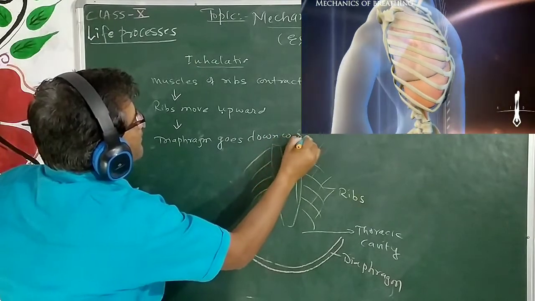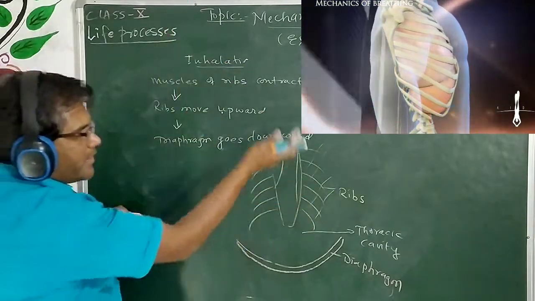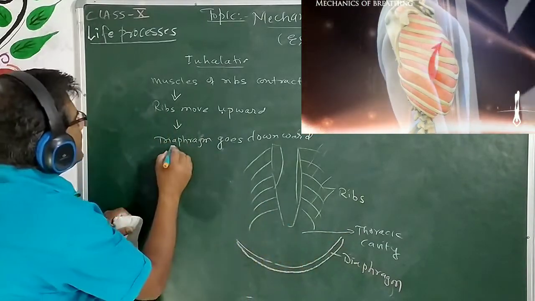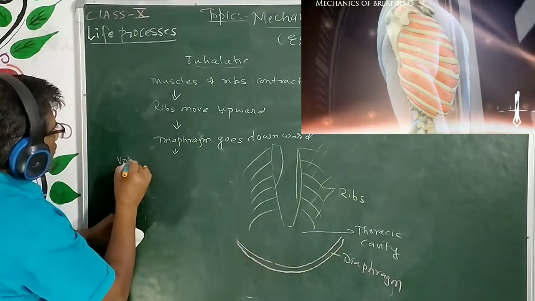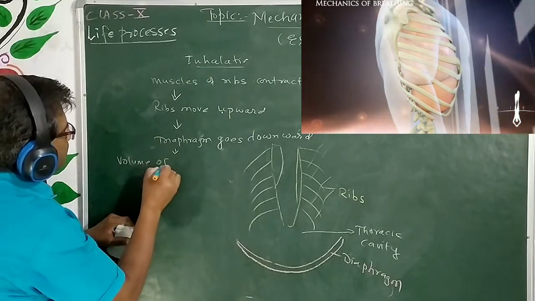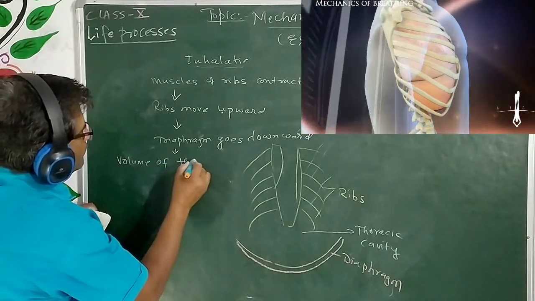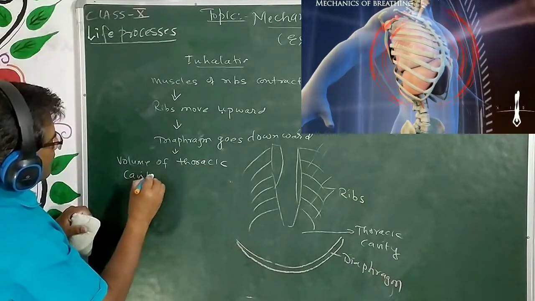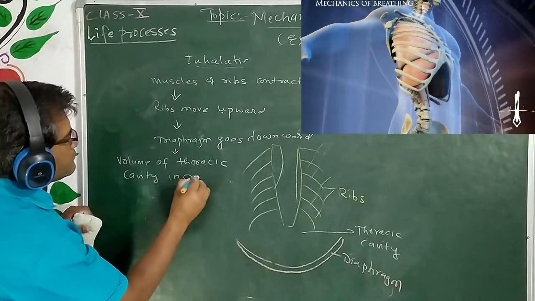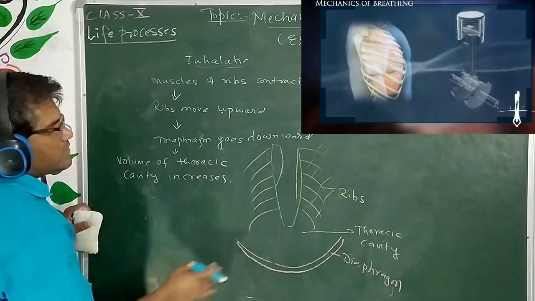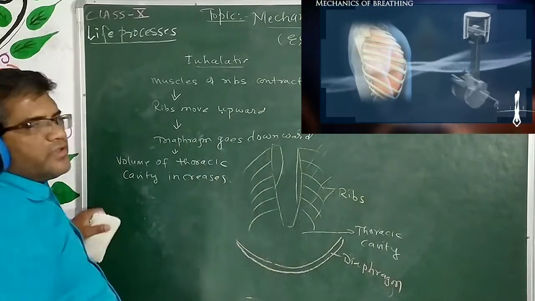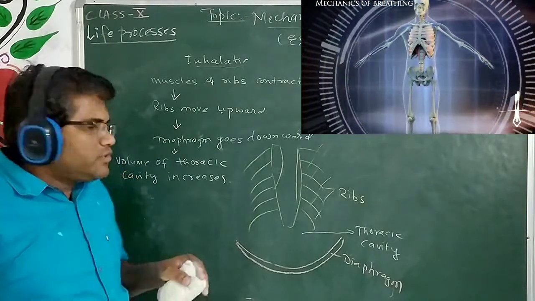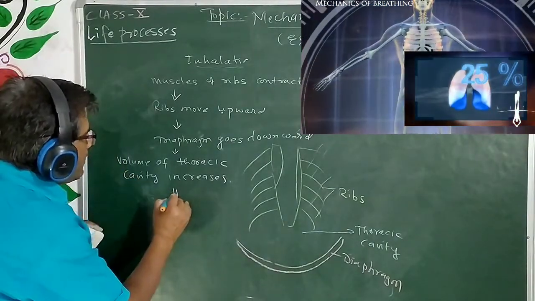When the ribs go upward and the diaphragm goes downward, the volume of the thoracic cavity increases. When the volume of the thoracic cavity increases, it means the pressure in the lungs is reduced. So what happens?